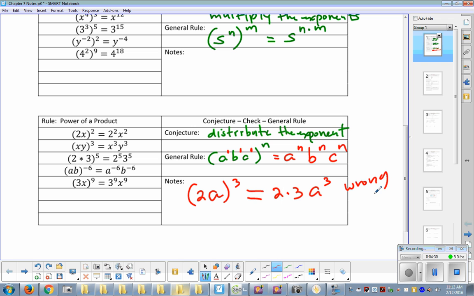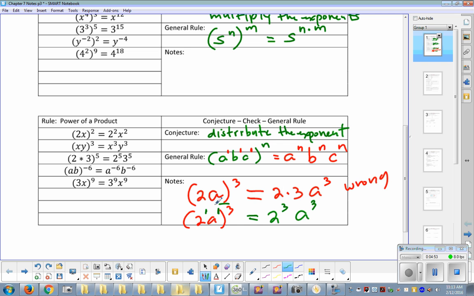How do we simplify this? 2a raised to 3. You write the exponent first of 2 and a. The exponent of 2 is 1. The exponent of a is 1. And then you distribute the exponent to the other two exponents. So you will have 2 raised to 3, then a raised to 3.